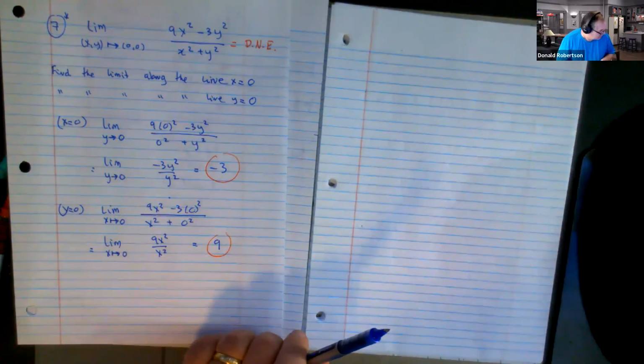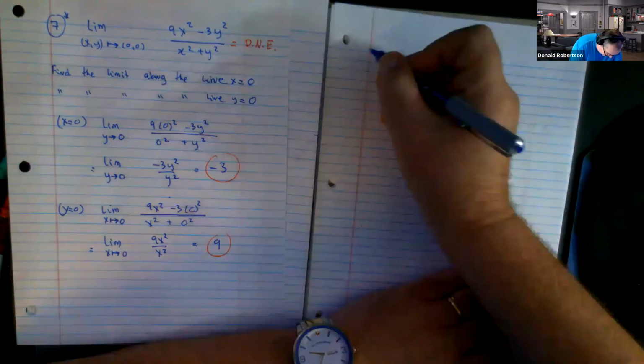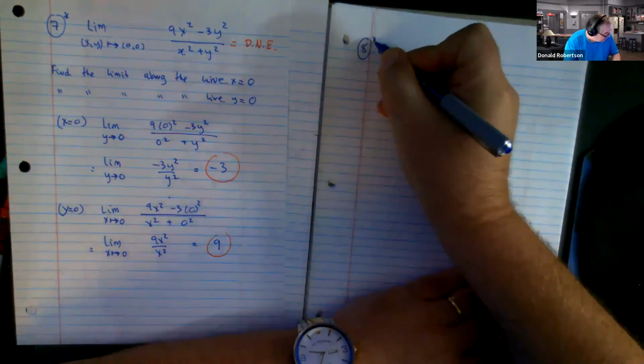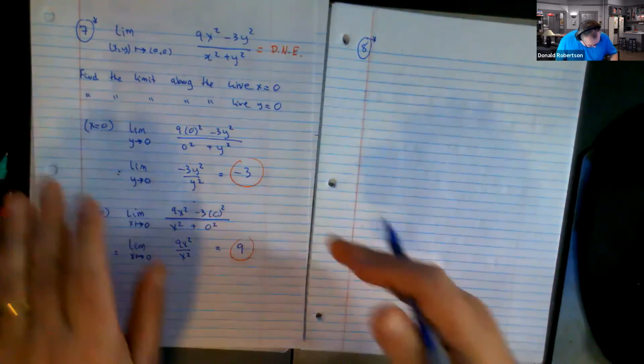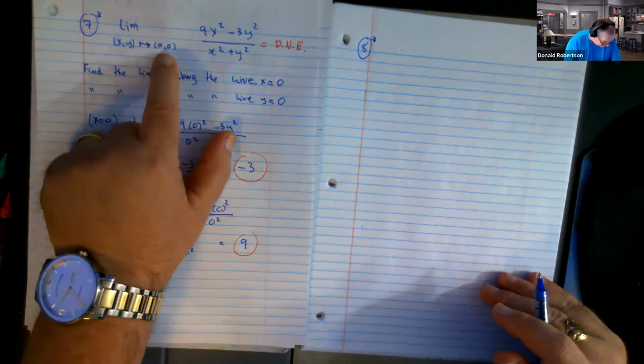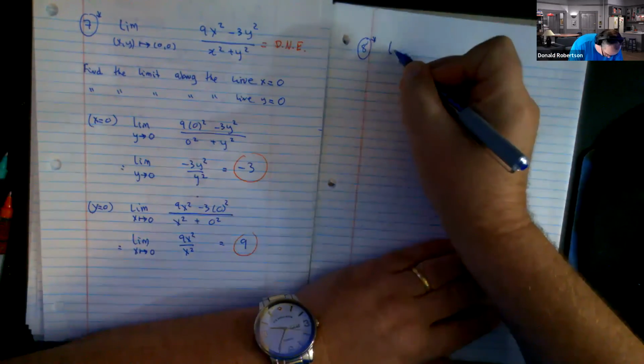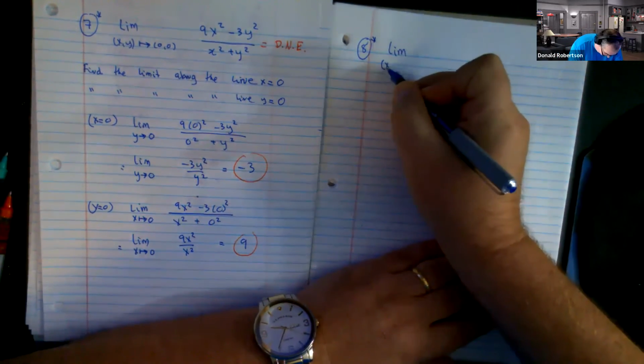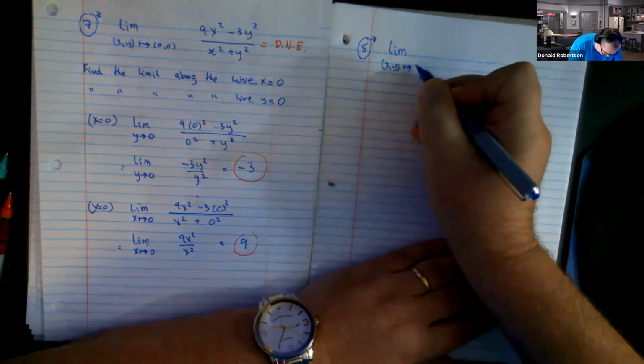Let's try another one. This is question 8. Now you will recognize this special trick when the limit is 0, 0. If you don't see 0, 0, this is not the way to do it, right? You'll have to figure other ways to make it happen. So this is a 0, 0 again.